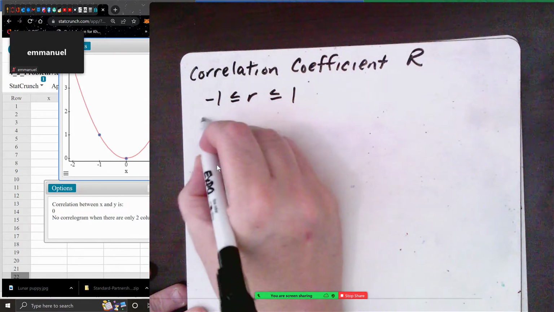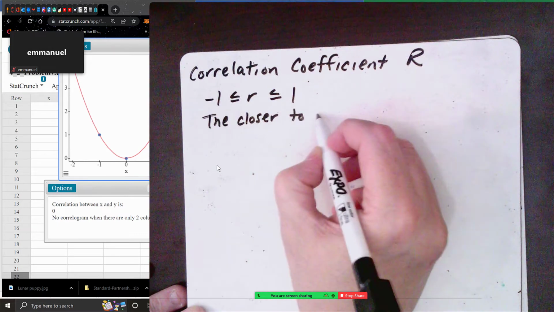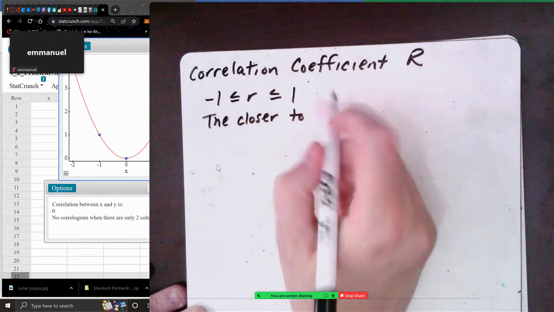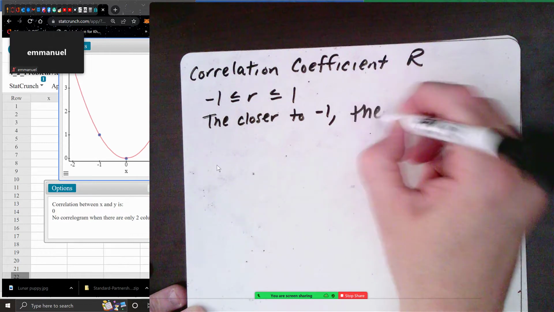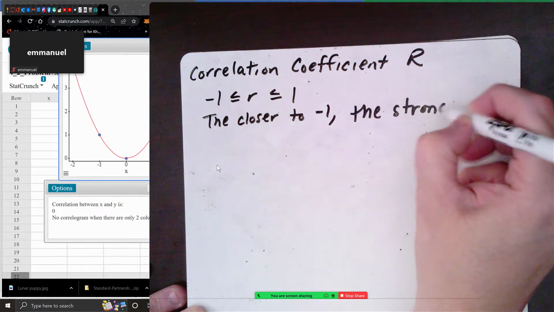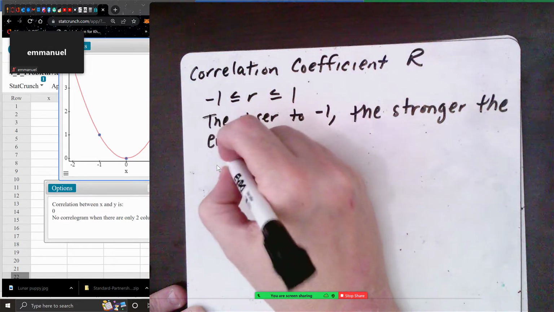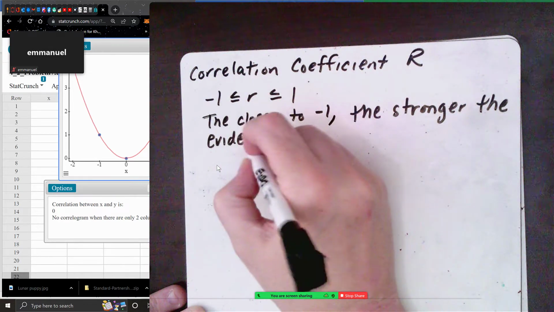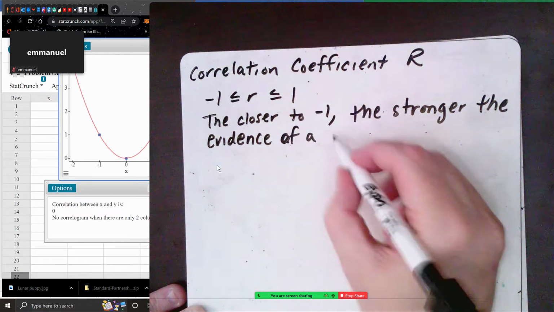The closer it is to -1, the stronger the evidence of a negative linear relationship.